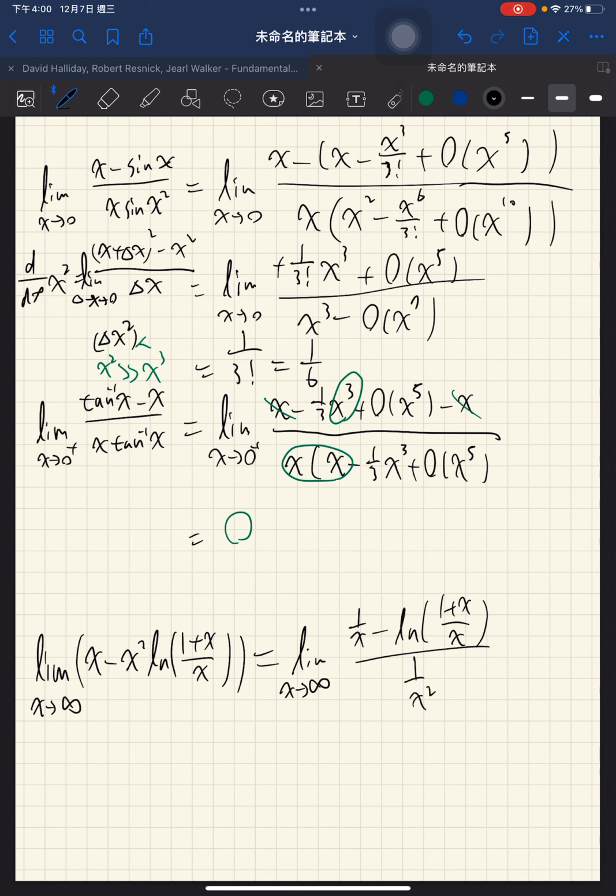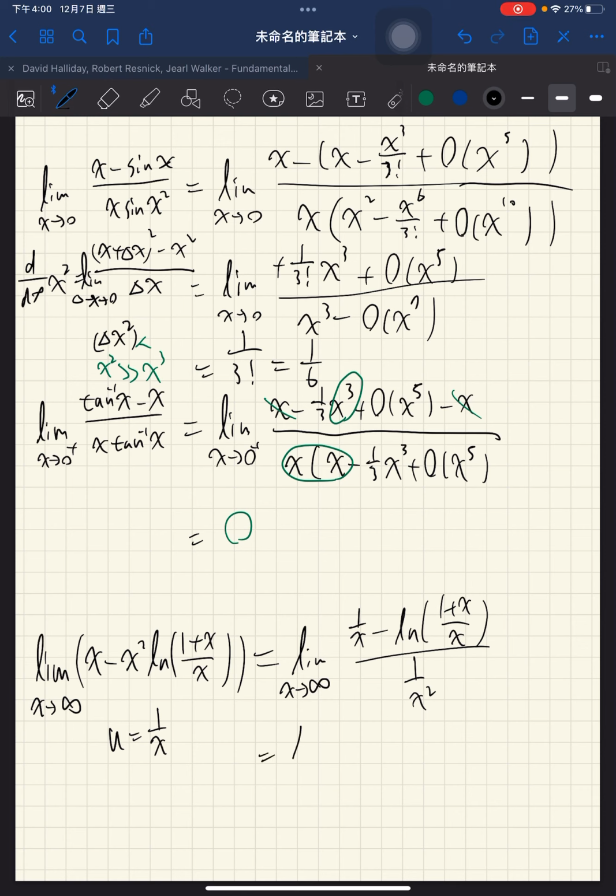Okay, and it seems not so good to do the Taylor series, but we need to do the u substitution here, as u is equal to 1 over x.